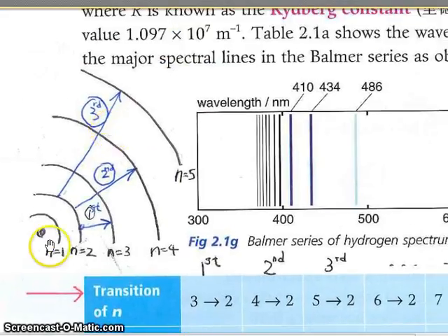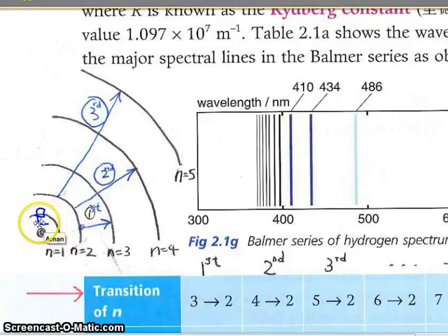So draw a nucleus here, and then draw a few different circles to represent the orbits of the electron. The electron should be here, the innermost electron shell. You know, hydrogen has only one electron, and that electron orbits around the nucleus. The nucleus has only one proton.